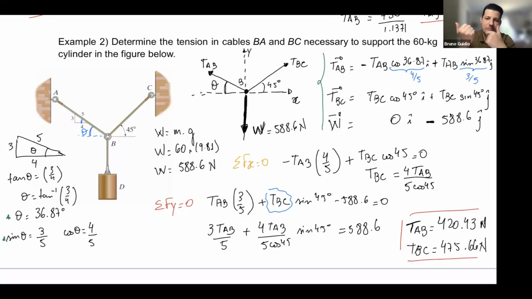So the tension in AB should be 420, and BC should be 475, in order to keep the system in equilibrium. Okay, I got a 1% difference, which is good.